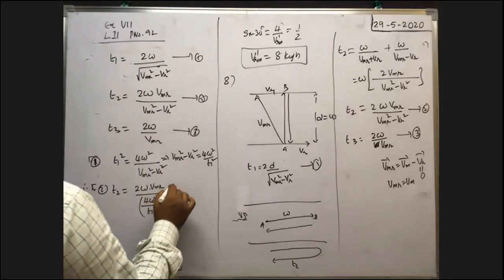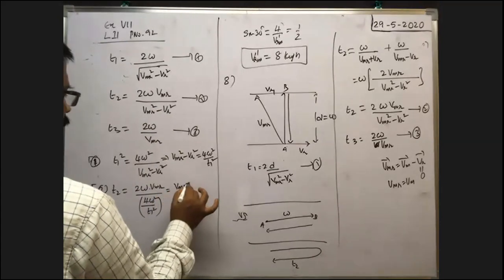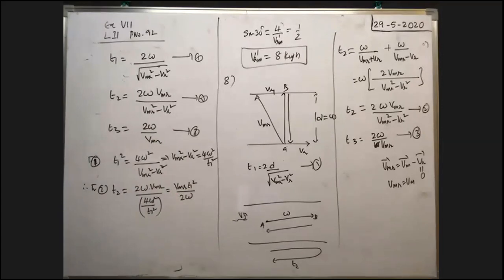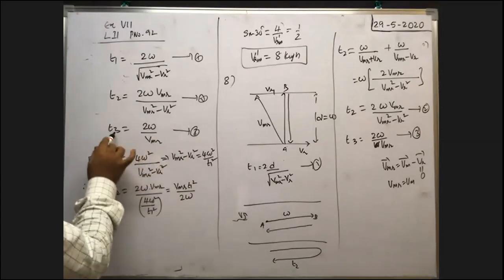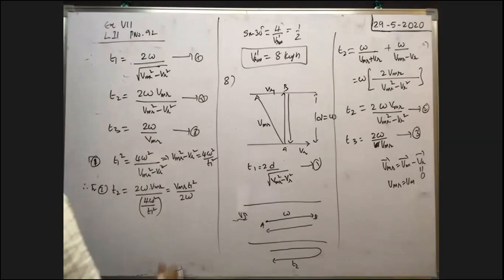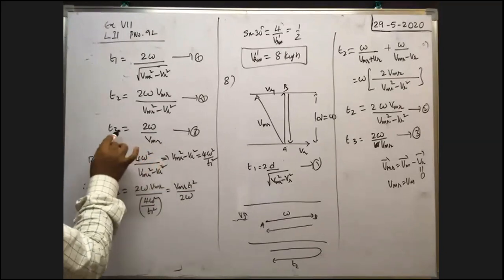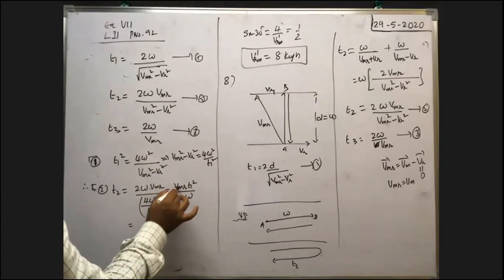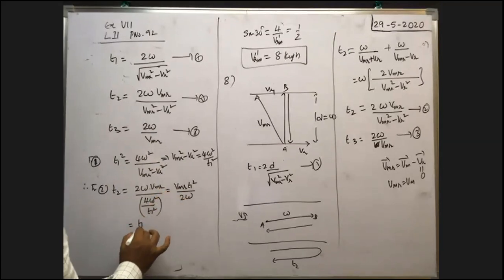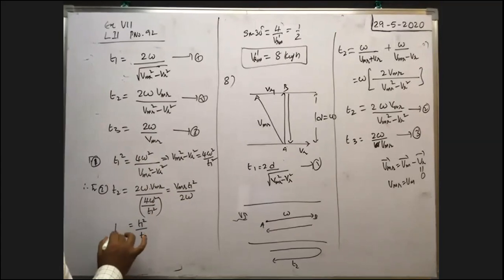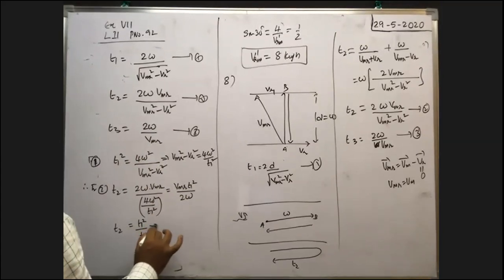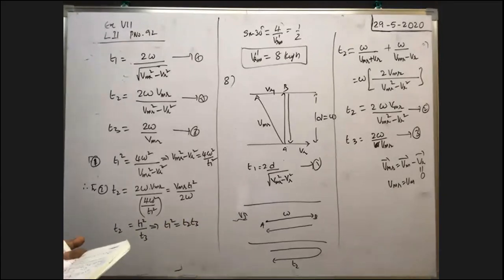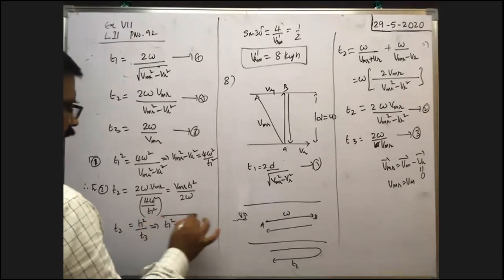Then the remaining is VMR into T1 square by 2ω. Here 2ω by VMR can be written as T3. That's why this is equal to T1 square by T3, which is equal to T2. So T1 square is equal to T2 into T3. I think this is the relation. T1 square is equal to T2 into T3. This is the answer.